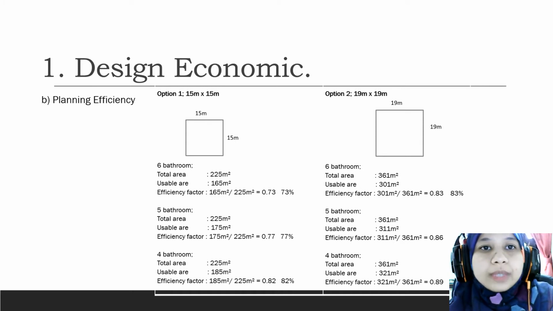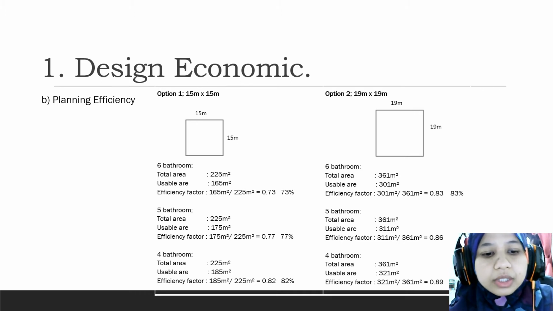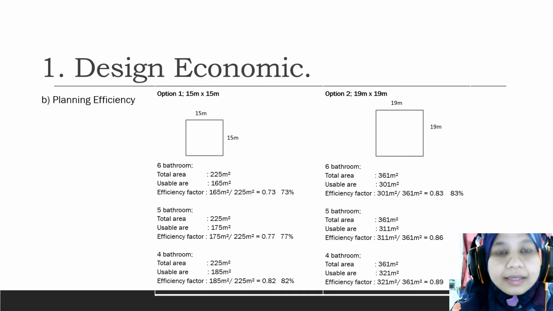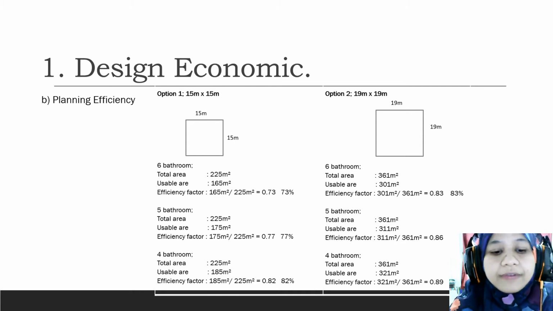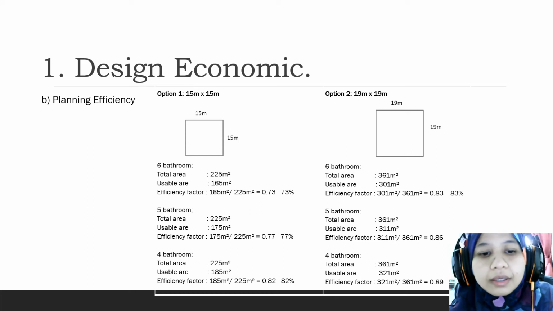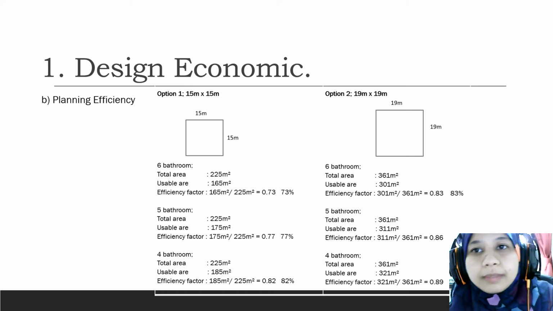So the usable area will become 165 meters square only. As we reduce the number of bathrooms, we can see from the calculation that the efficiency factor becomes higher. The same goes for option number 2. The efficiency factor becomes higher as we reduce the circulation space.